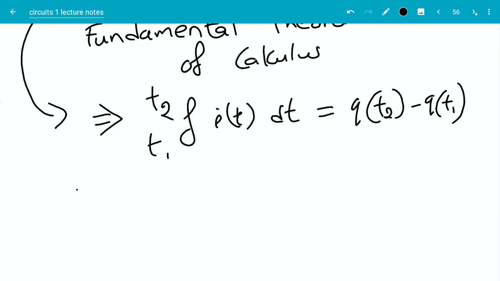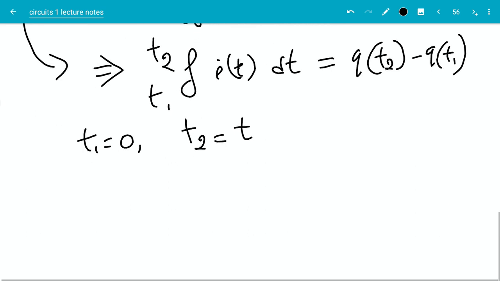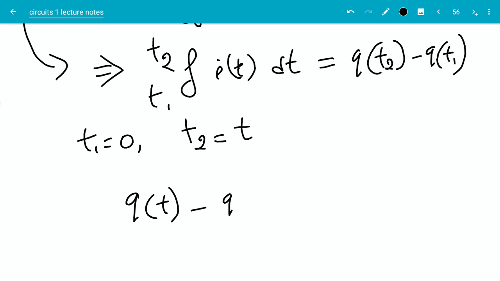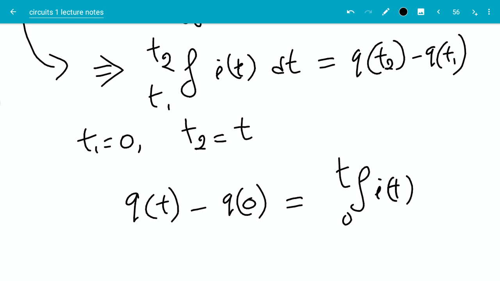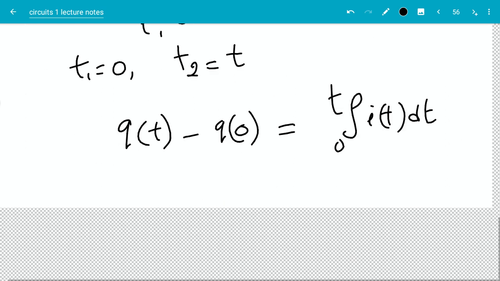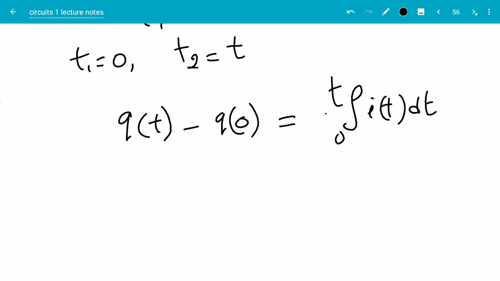If t1 is equal to 0 and t2 is just some other time t, then this will give us the total charge which has flown at any given time t, starting from time 0. So that the t variable here is not confused with the dummy variable, I'm going to write it as the integral from 0 to t of I of tau d tau.